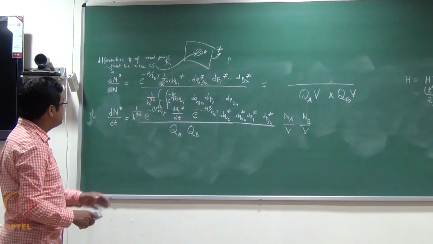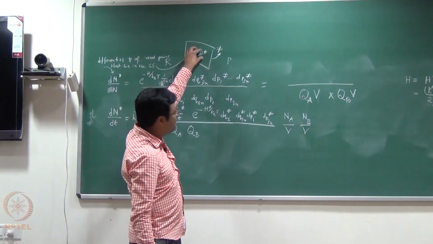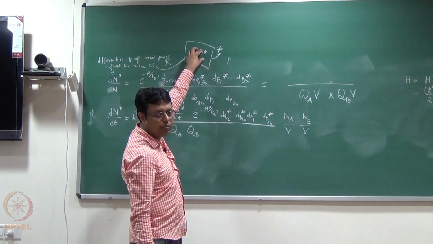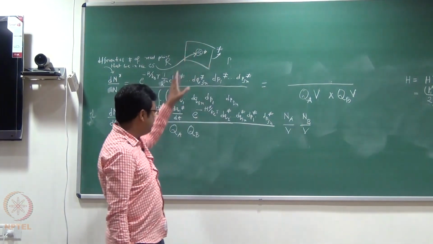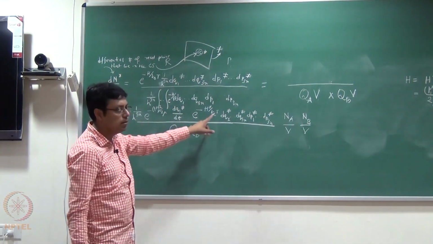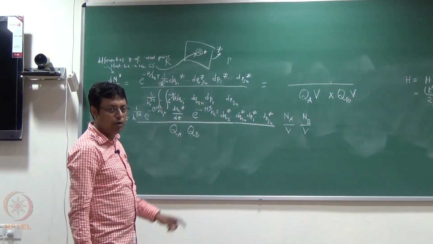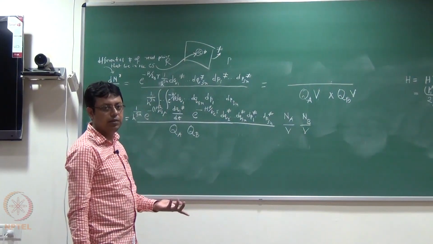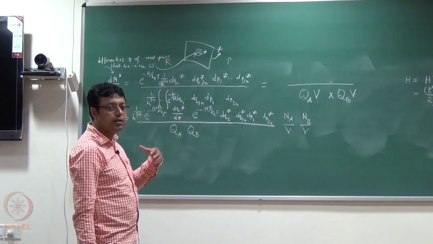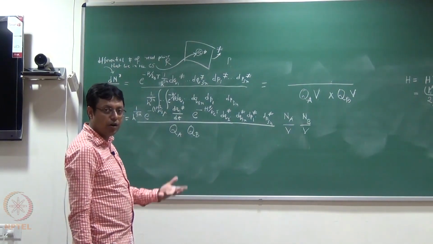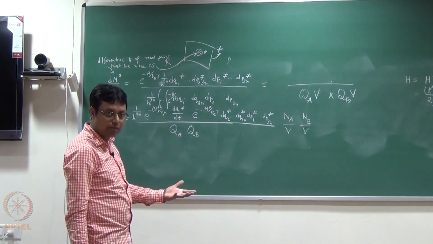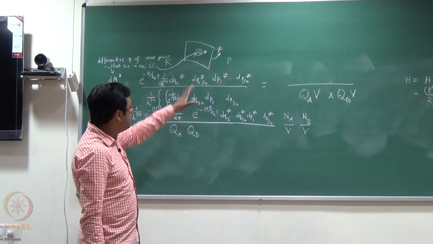Now the next thing is, as I said, this describes the rate due to this region, but I have to integrate over the entire region. By definition it gives the fraction of the molecules that are lying here.